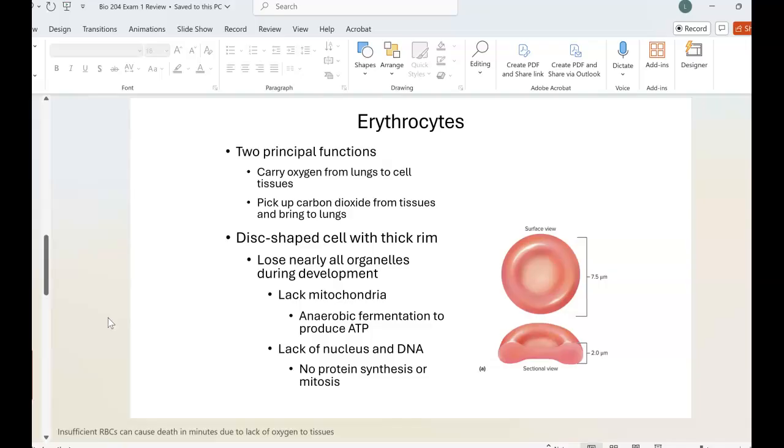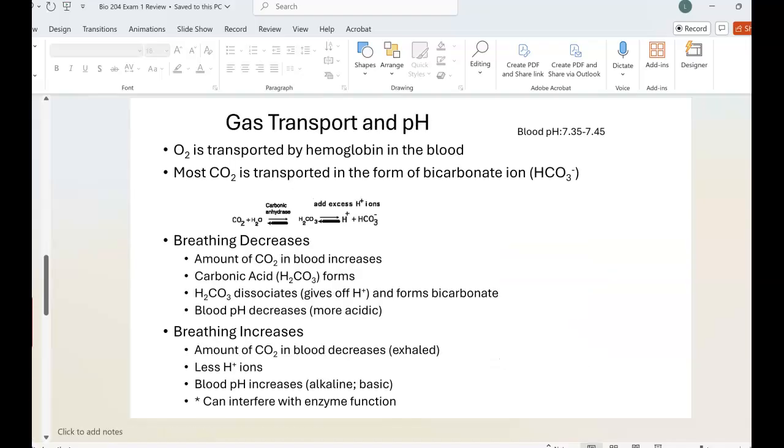So they have to be kind of springy and flexible. And they're going to be specialized to carry oxygen. And it's that hemoglobin, that big protein with the heme group, which is going to hold on to the oxygen. So most of our oxygen is going to be transported, bound to that hemoglobin in our red blood cells.